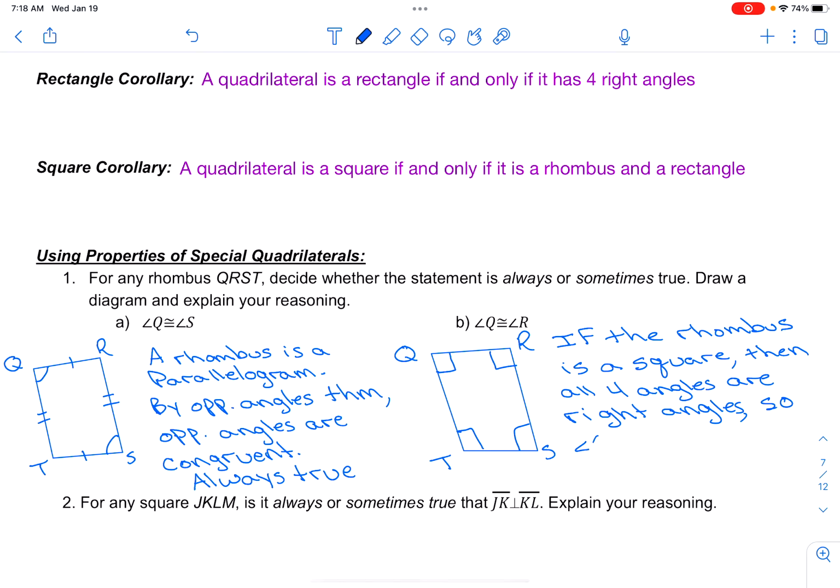So angle Q would be congruent to angle R. However, this isn't always the case, right? Not every single rhombus is going to have four right angles. So this is only sometimes true.